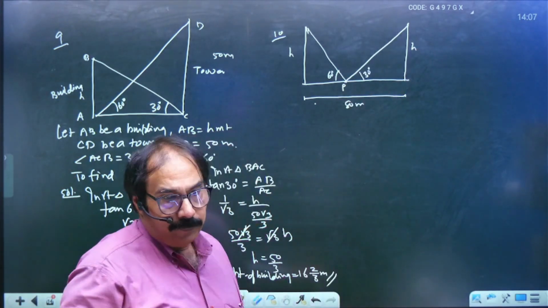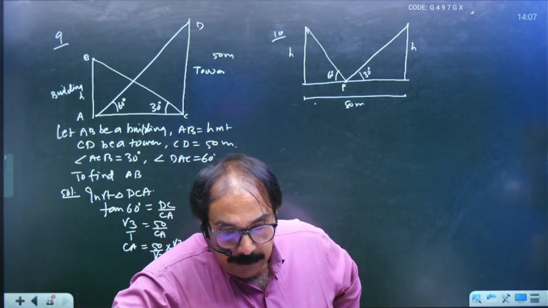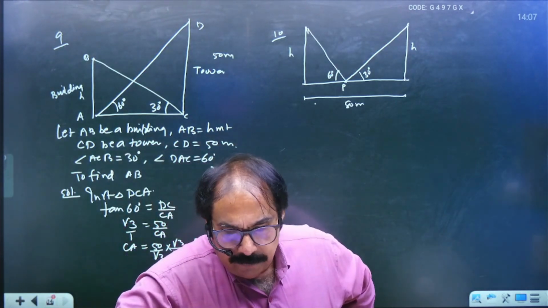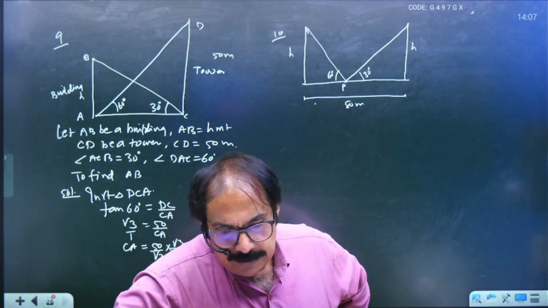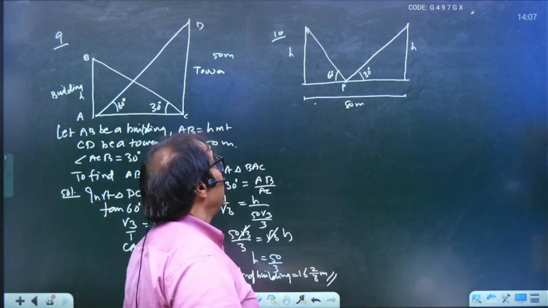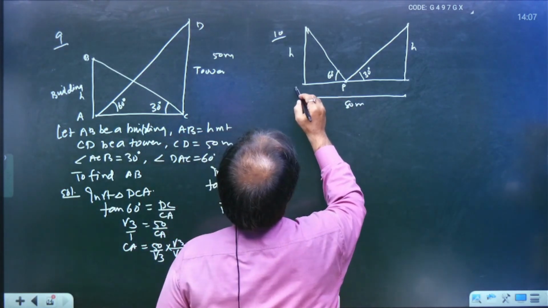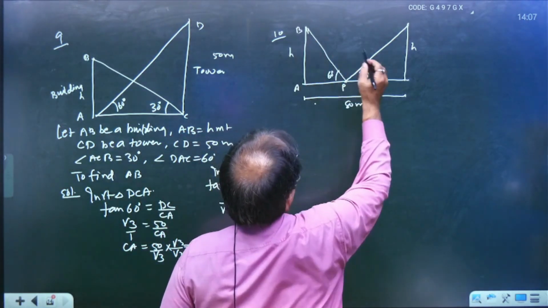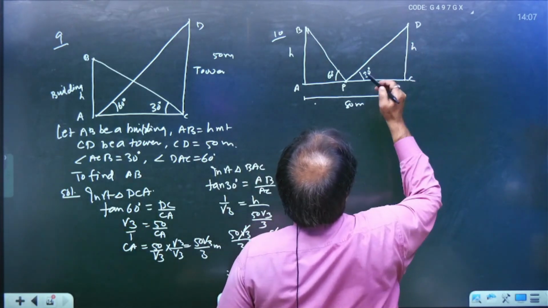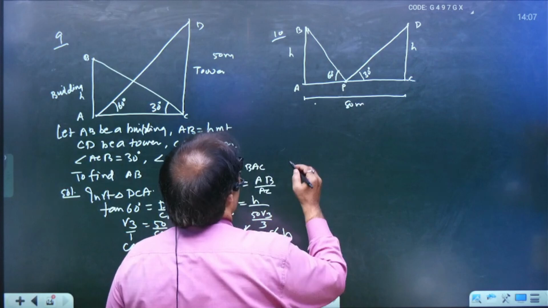So what do we have to find? We have to find the height of the pole as well as the distance of the point from the poles. So let these be A, B, C, D, and this is P. What is given?